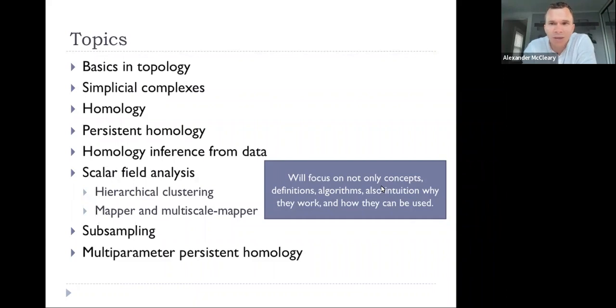And the answer turns out to be yes in certain cases. And then we'll look at more applications of topology, including things like hierarchical clustering and mapper, and we'll look at other concepts such as subsampling and multi-parameter persistent homology as well. And yeah, that's all.